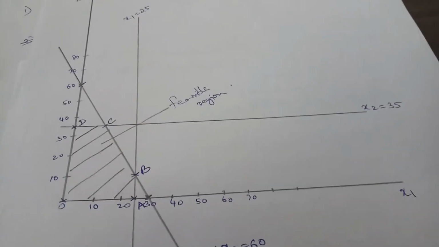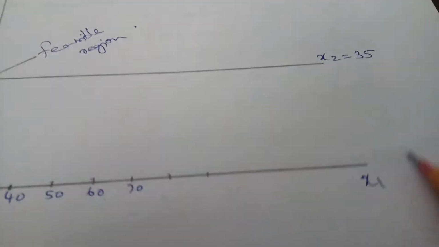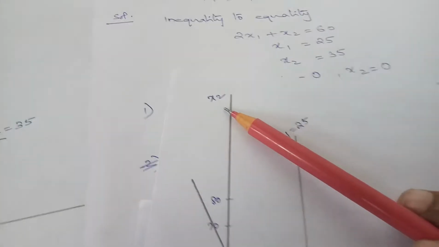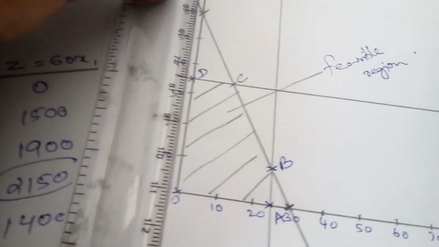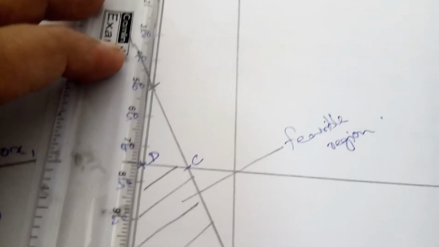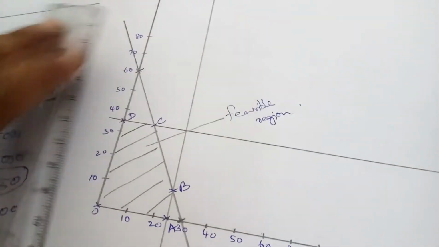Here I have drawn the graph. The x-axis is x1 and the y-axis is x2. While drawing this graph, you have to take the scale and mark it correctly. Then only you will get the correct answer. Same for the x and y axes.